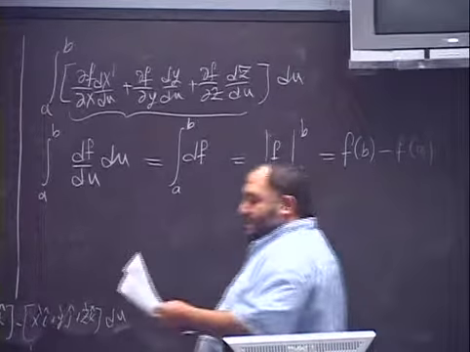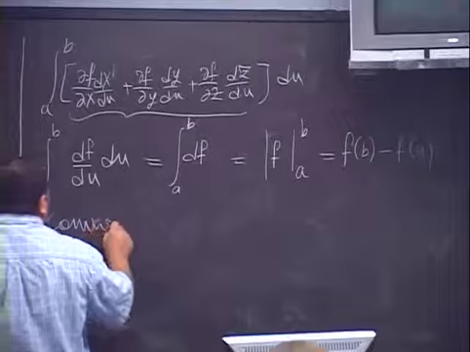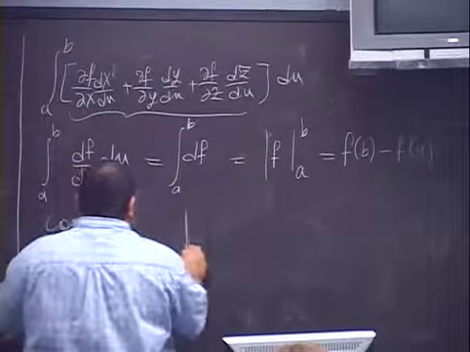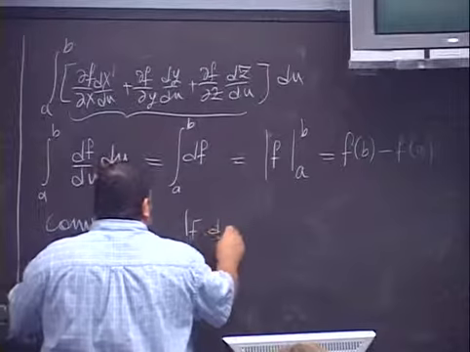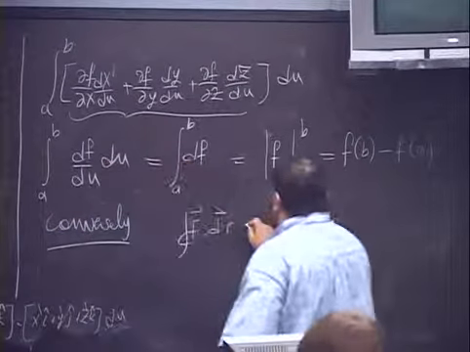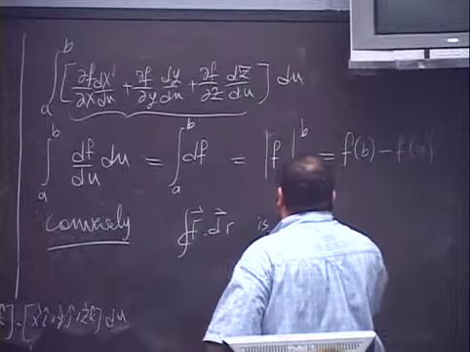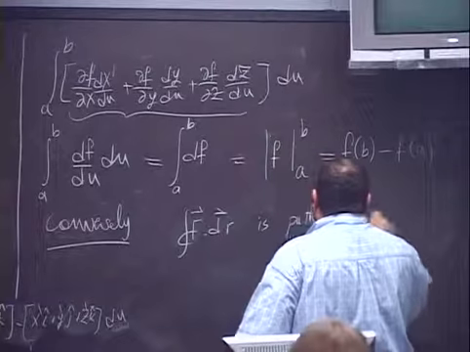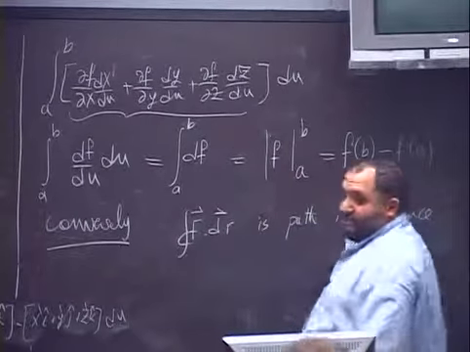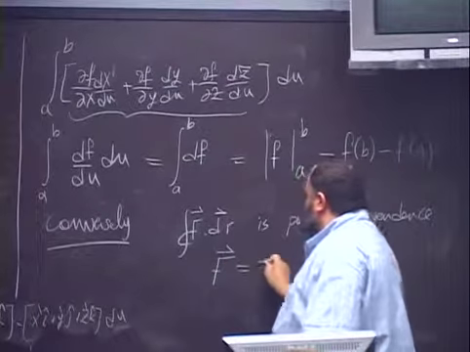Conversely, we can say that if we have the integration of f of r dr over a contour C, and this integration is path independent, I can say that the function f is what?